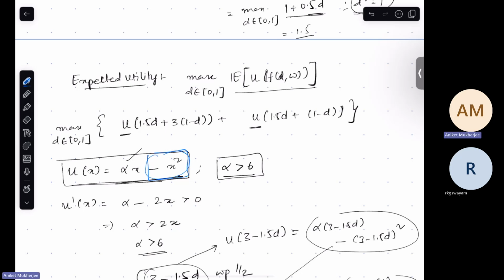Now with the minus x square, I am introducing more information into the system. I'm doing a second moment now. You can keep on adding moments to your function. Your u of x could be 1 minus e power minus x or something like that, which is concave and increasing, and which will have all the moments.